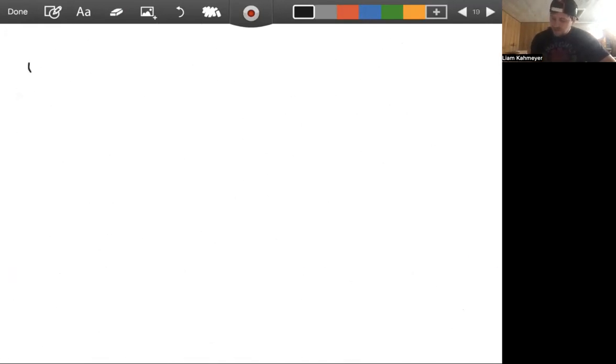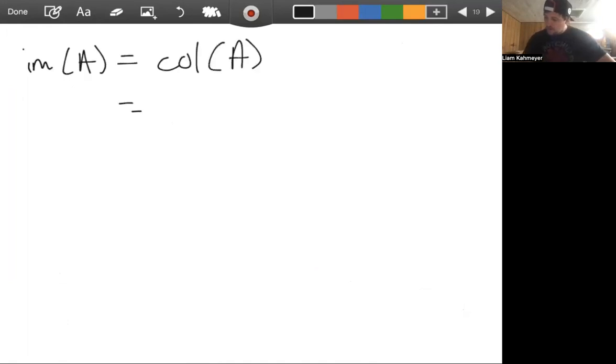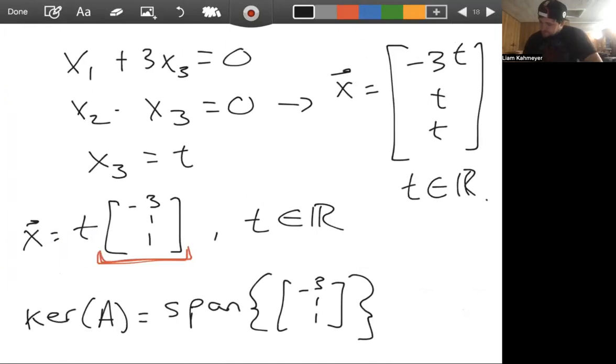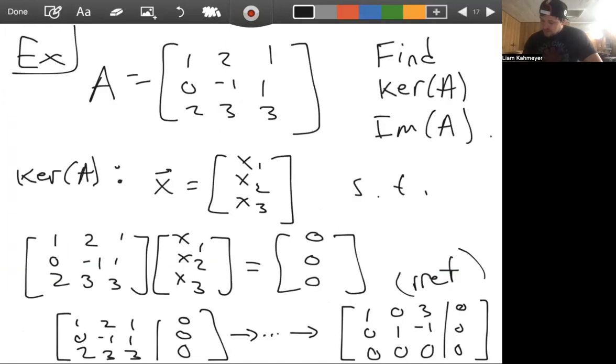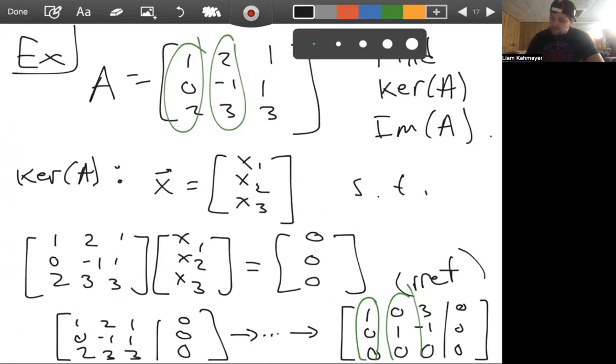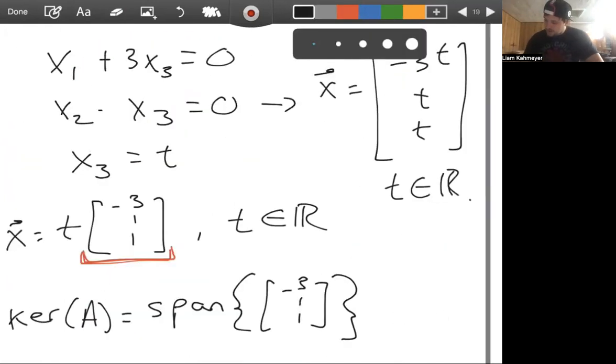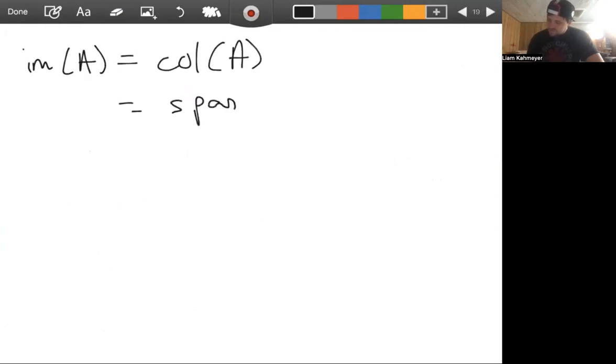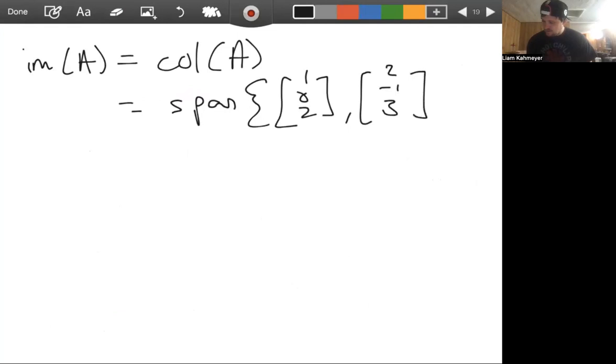So the image here is really just the column space of A, and let's go back to our reduced row echelon form to find the column space here, right? Well, we have the 2 pivot rows, and then we look at the pivot rows of the original matrix. So those are going to be spanned by the vectors 1, 0, 2, 2, negative 1, 3. So this is the span of 1, 0, 2, 2, negative 1, 3.